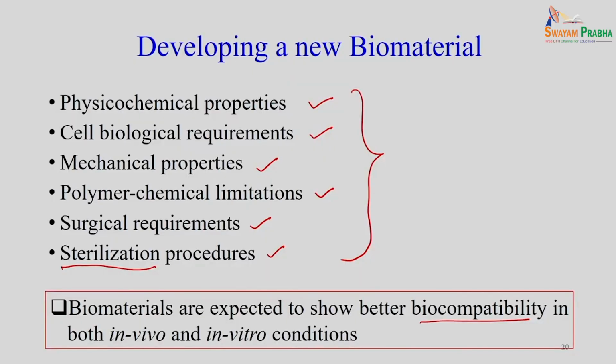Today we discussed how we define biocompatibility, and we discussed that biocompatibility is the ability of a material to perform its intended function in harmony with the host response. So, host response will be there, but the biocompatibility criteria will vary depending on a particular application.